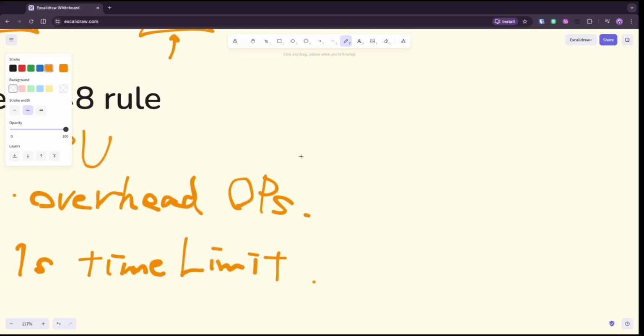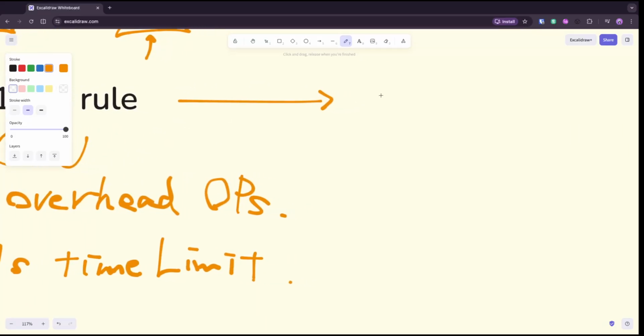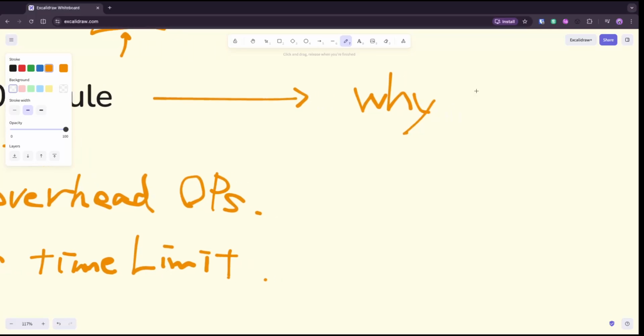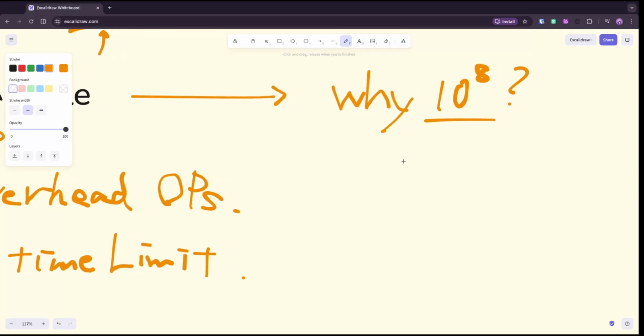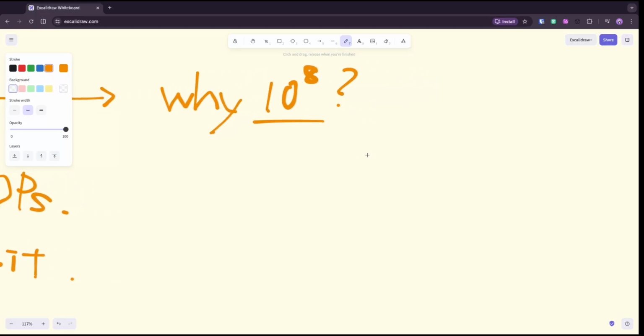So next. Why is it 10 to the power of 8? It's a balance between CPU clock speed and instruction overhead.